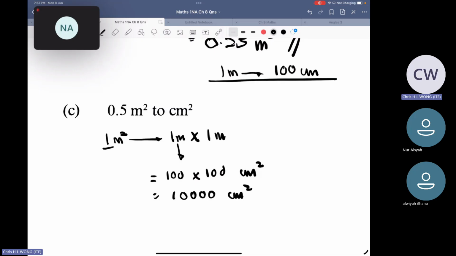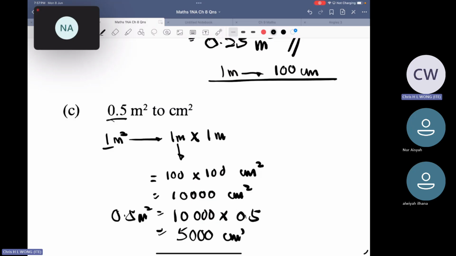But I don't want that, isn't it? I want 0.5, right? So you take 0.5 meter square equals to 10,000 times 0.5. That gives you 5,000 cm square. Answer. Is that okay?